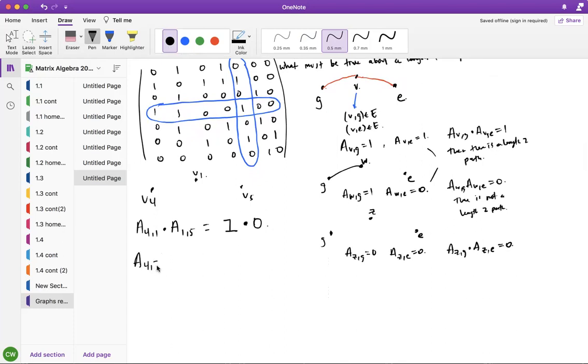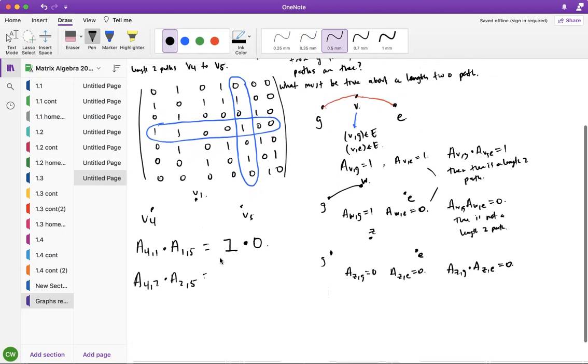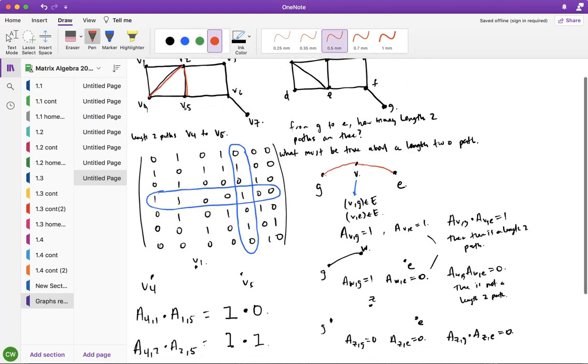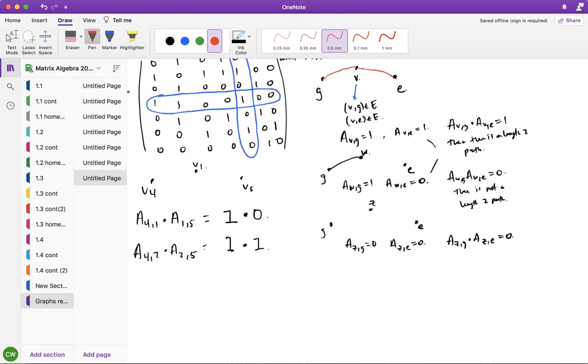So let's do A 4,2 times A 2,5. So I have a 1 times a 1, and is there a length two path? Yes, it's this one, V2 to V5. So we're going to do this for every single one. A 4,3, A 3,5.